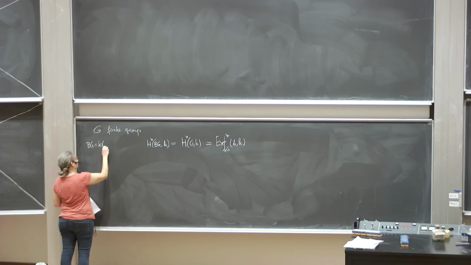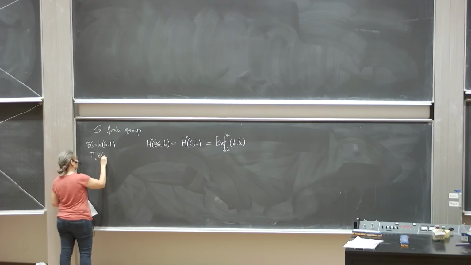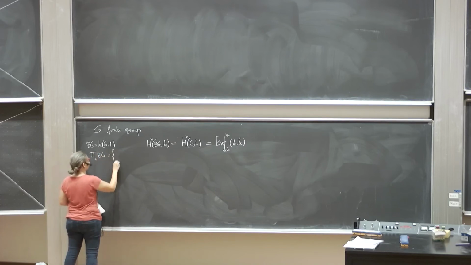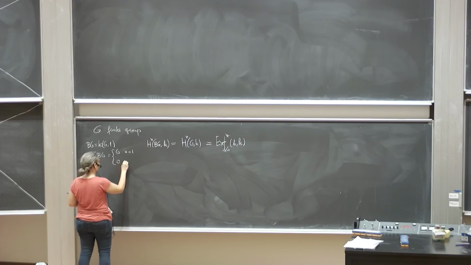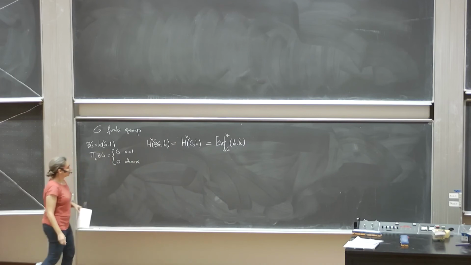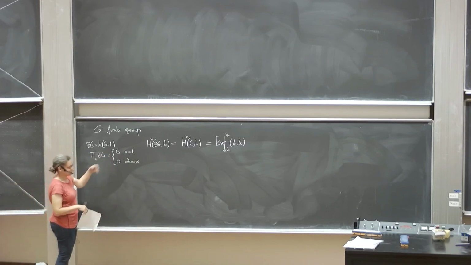And the connection is that I didn't say what BG is. BG is K(G,1). That means that the homotopy groups of BG are G in degree 1 and 0 otherwise. Right? So it's a connected space, and the fundamental group is G, and the rest are 0.